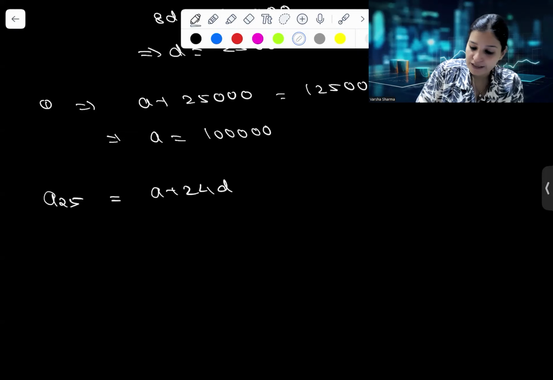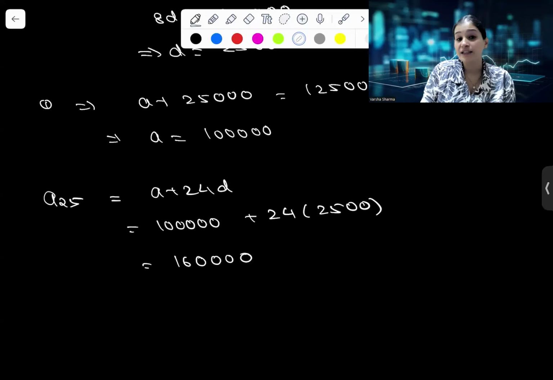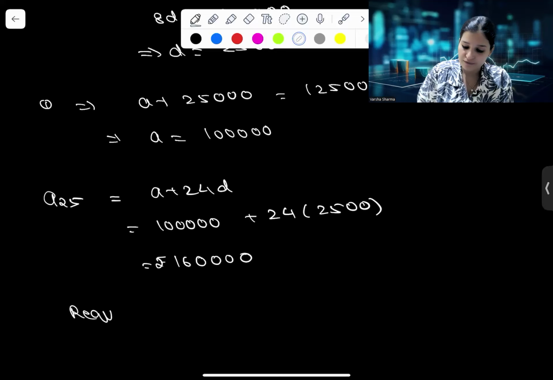A plus 24D. 1 lakh plus 24 into 2500. 1,60,000. Now, this is not what they asked us to find. They asked us the pension, and pension was half of the retirement salary. So, what would be the pension then? 1,60,000 by 2.